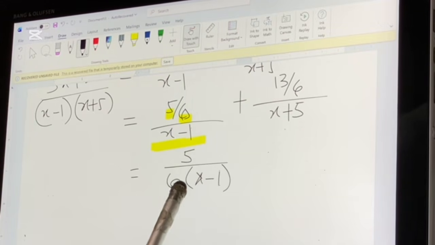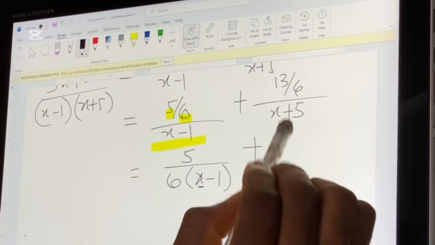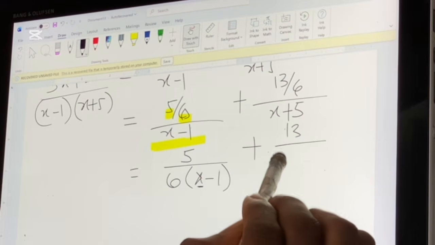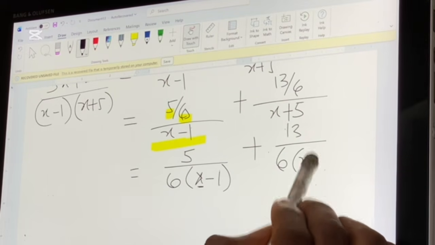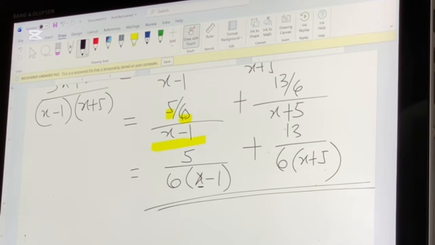I'm putting brackets here because this 6 is affecting both s and minus 1. Plus, do the same thing here. The one at the top will be at the top, while the denominator will come down, which is 6 into s plus 5. Now, this is how we evaluate partial fractions.